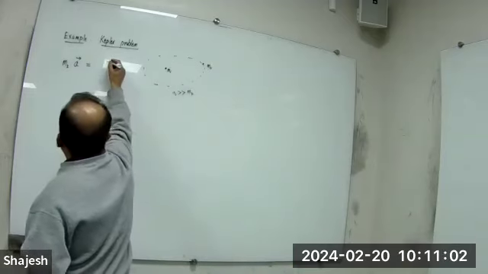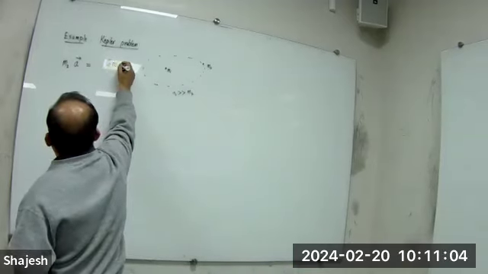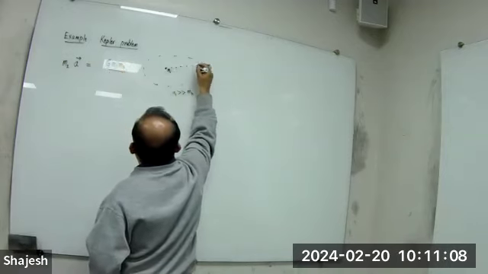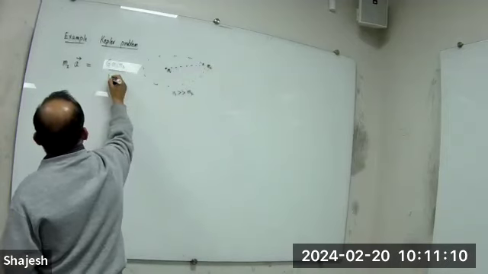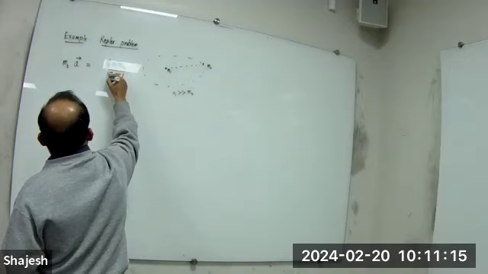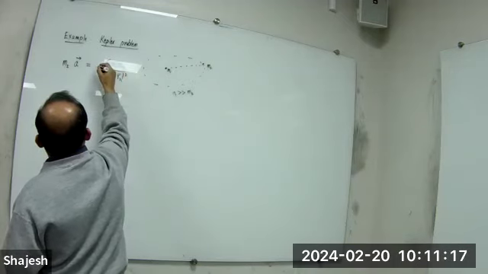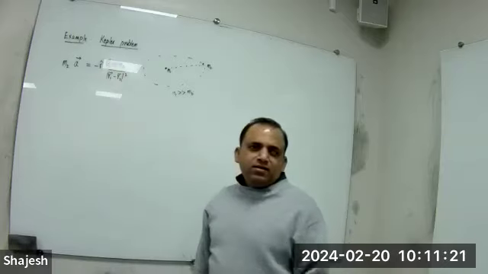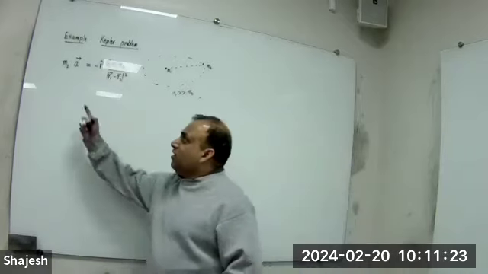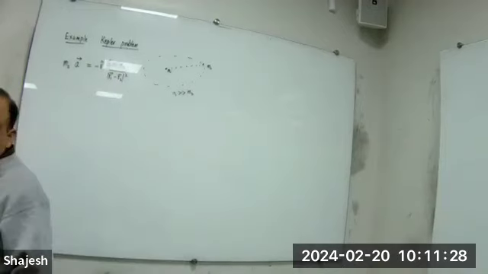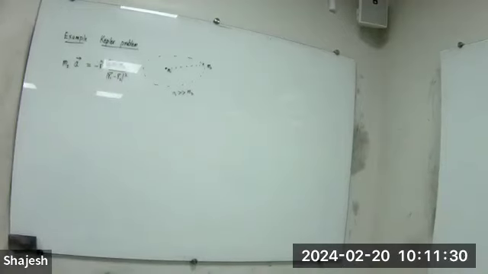It is G M1 M2 over R, which is this distance, so it should be R1 minus R2 squared. And this is a vector equation, so it's minus R hat. That's all. So mass times acceleration is equal to force, and it's a vector equation.